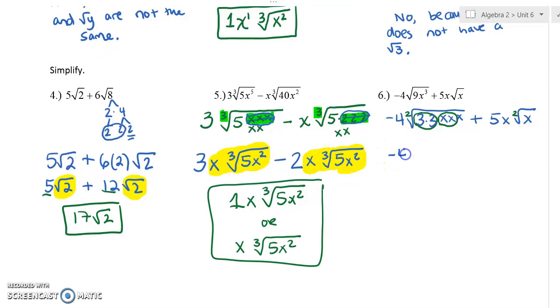So those pairs are going to come outside. So we already have negative 4 on the outside. A 3 will join it. An x will also join it. And inside the square root, we are just left with 1x. Plus 5x and then square root of x, since x cannot come out. There aren't 2 of them. So we are left with negative 12x square root of x plus 5x square root of x.